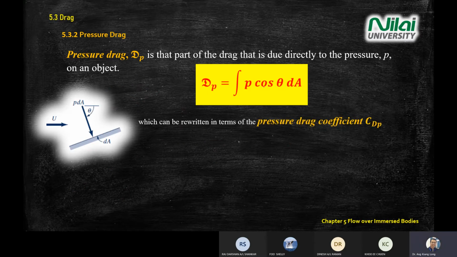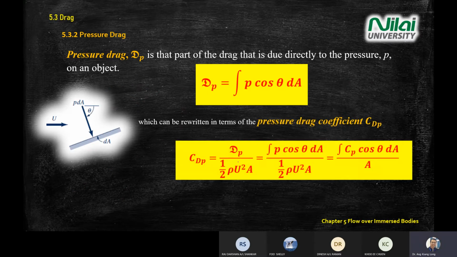So from here, after that, you're able to derive. After you get the pressure drag, you can rewrite the equation by putting the CdP on the left-hand side and the rest of the equation you put in this one.